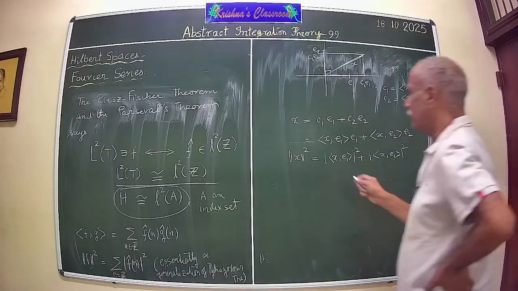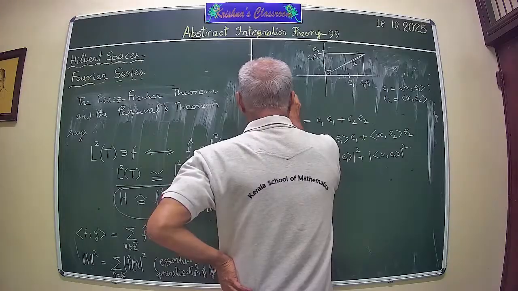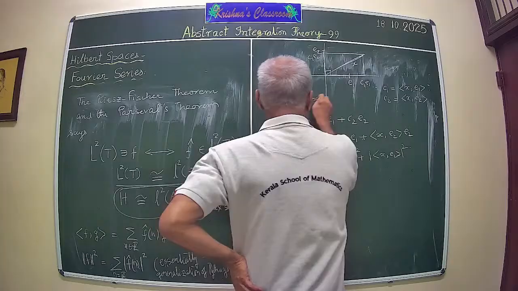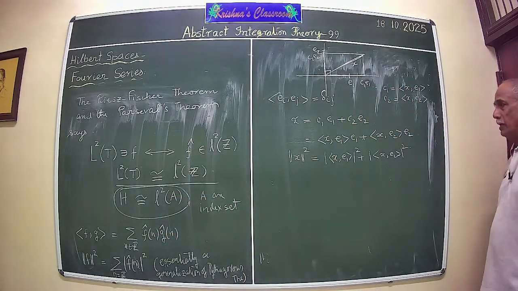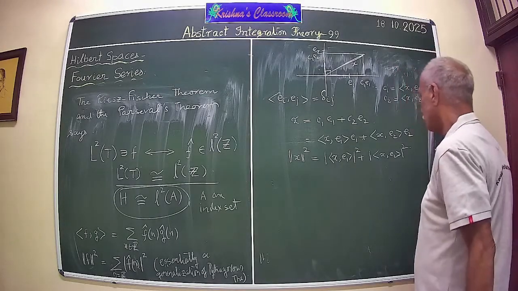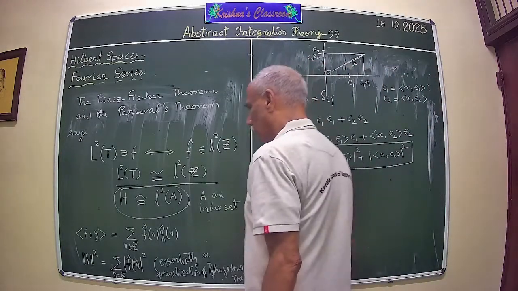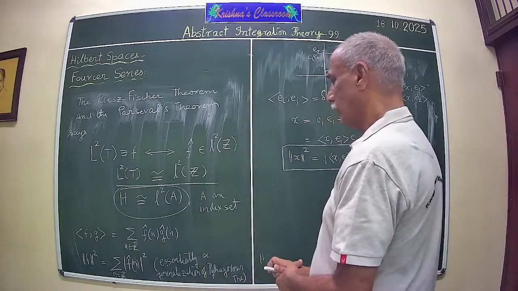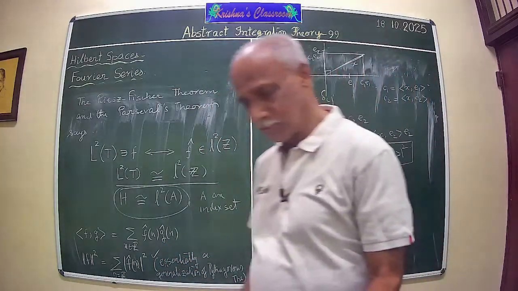And you know that the inner product of Ei, Ej, that means E1 E1 is 1, E2 E2 is 1, and E1 E2 is 0. So we have this result, and this you compare with what you have here. This outcome is the Pythagoras theorem. It's essentially the Pythagoras theorem.